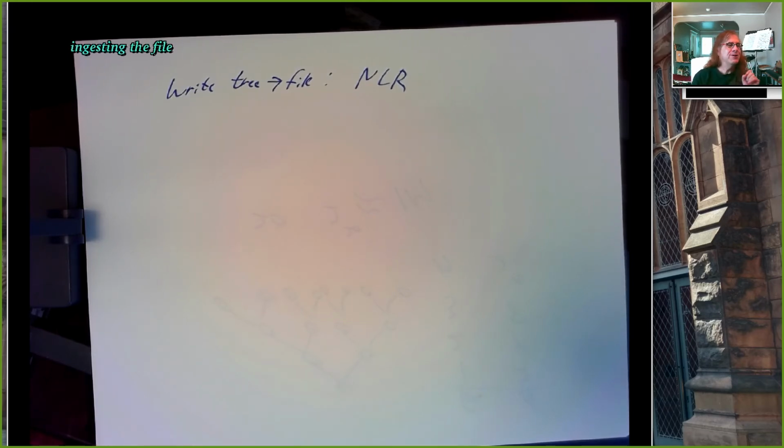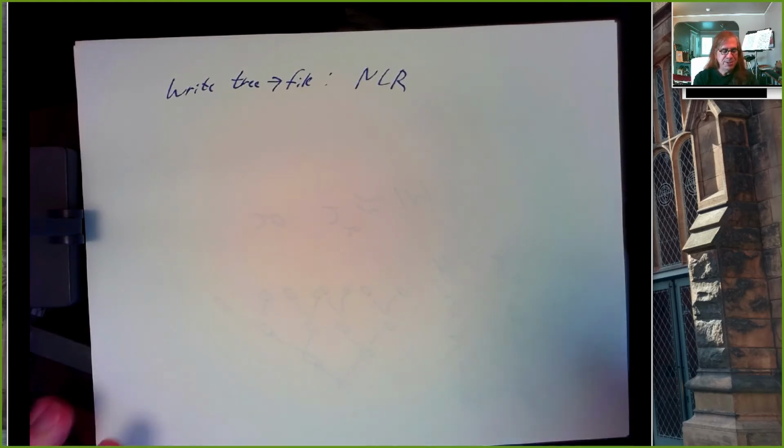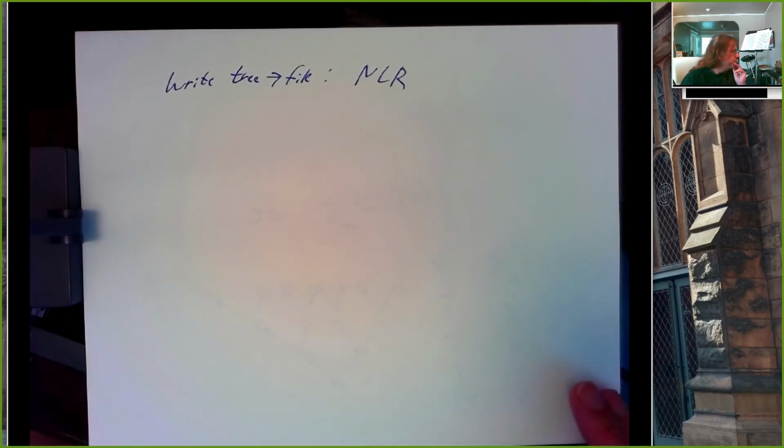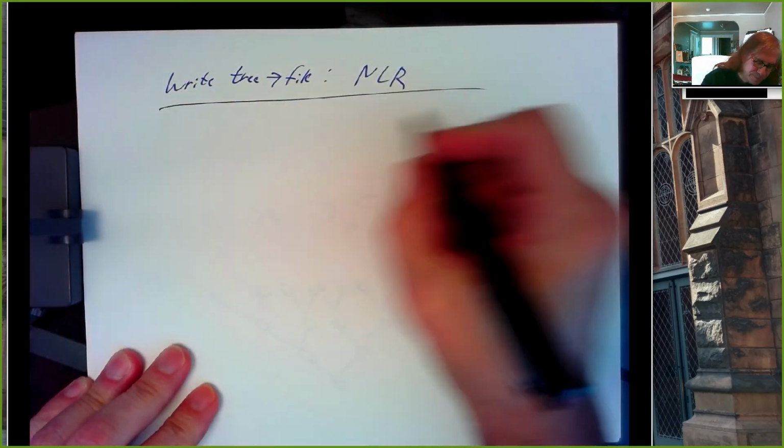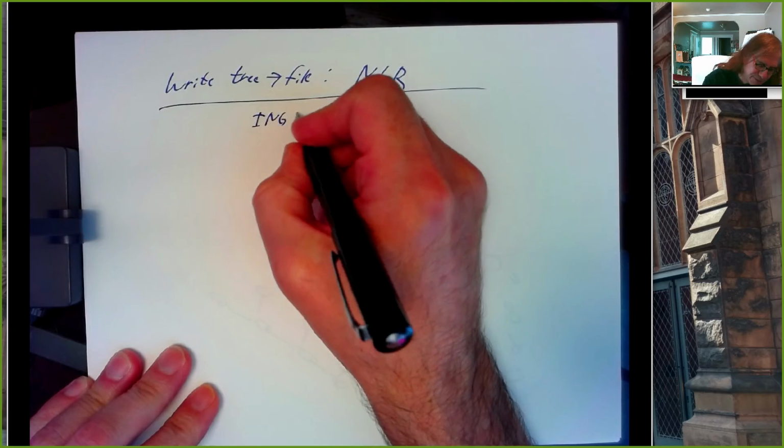All right, so let's talk about ingesting the file. So you have this file, how do you read it in to create a decision tree? There's a recursive algorithm that'll work really well. So I'm going to sketch this for you.